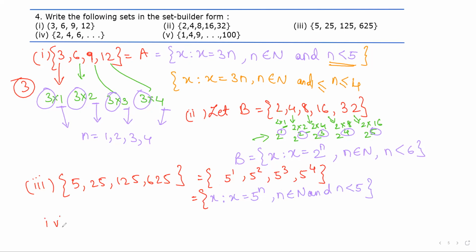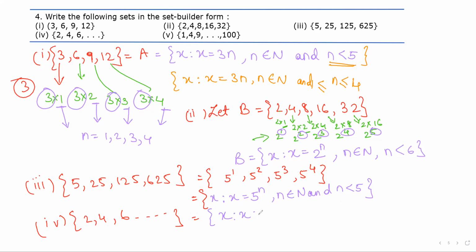Fourth, 2, 4, 6, and so on. But this is simple. It's a set of even natural numbers. So you can write this in set builder form as x is a set of all x such that x is an even natural number, if you want to write it in the form of a statement.